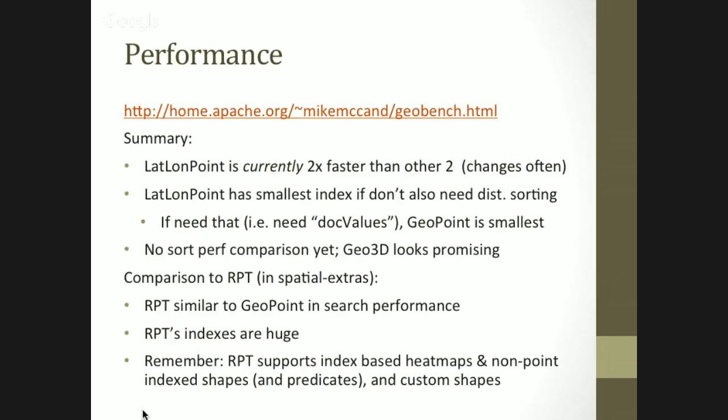But I remember the takeaway was that it's pretty fast compared to, say, GeoPoint, but its indices are huge. But that's not to say RPT is dead yet, because it supports things like indexing polygons and heat maps. And again, flexibility and custom shapes. If you want some grid-based binary way of filtering, then there's an architecture to fit into without having to do lots of other stuff.